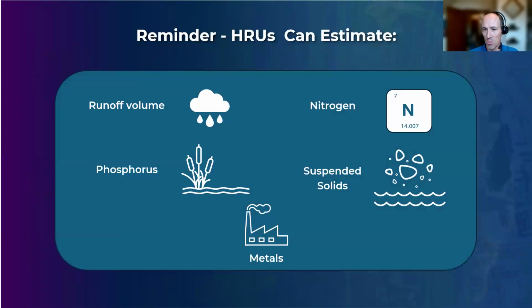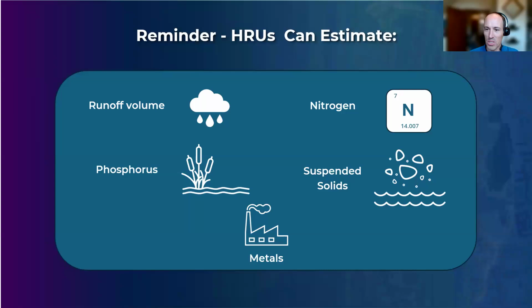And that's really important, because it's great that we can condense all this land down into 14 categories, but those categories themselves aren't super illuminating. It's the fact that each of those categories then has all of these things attached to it. So an estimated runoff volume per year, and estimated loading rates for things like nitrogen, phosphorus, suspended solids, and metals.